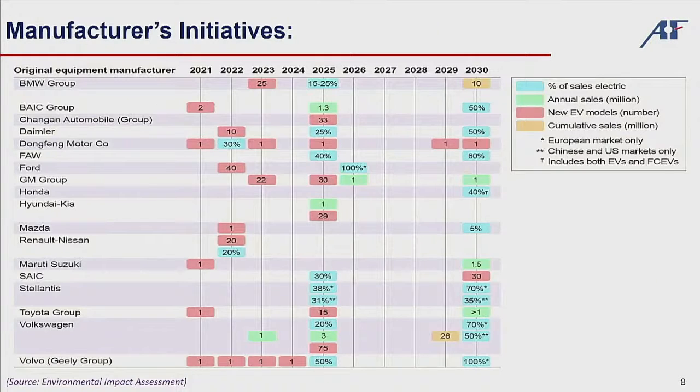And there will be an entry of hydrogen fuel cells also. In this slide, I have tried to capture the OEMs' plans, how they want to convert their sales and what the share of electric sales will be in their total vehicle production.